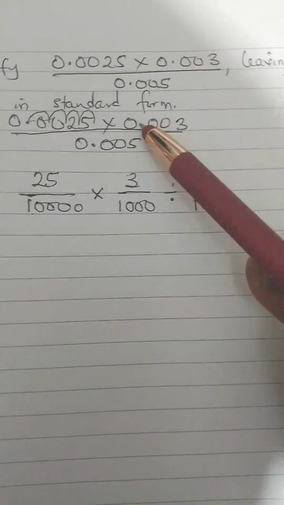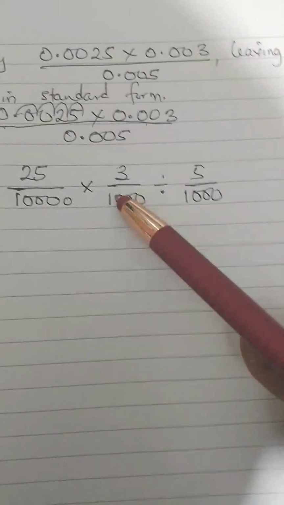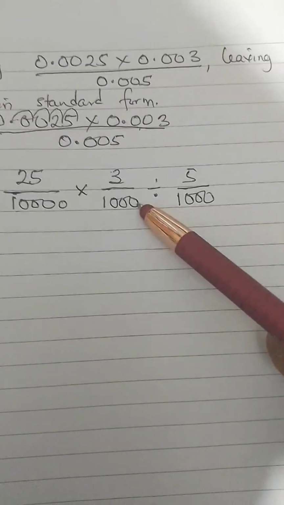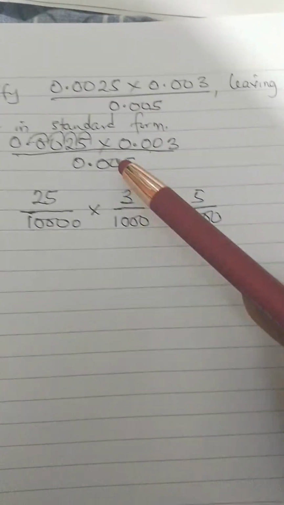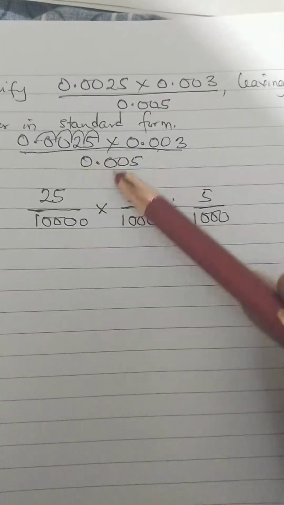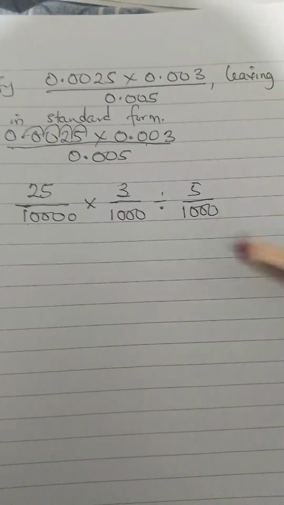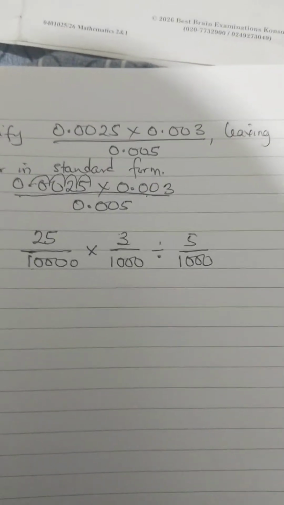Therefore, when you are shifting the point to get 3, you have 1, 2, 3. So that means you have 1 and what? 3 zeros. Convert it to a fraction. Then this on means division. So here also, to convert the decimal to fraction, you have 1, 2, 3. Right. So now we've changed all the decimals to fractions.